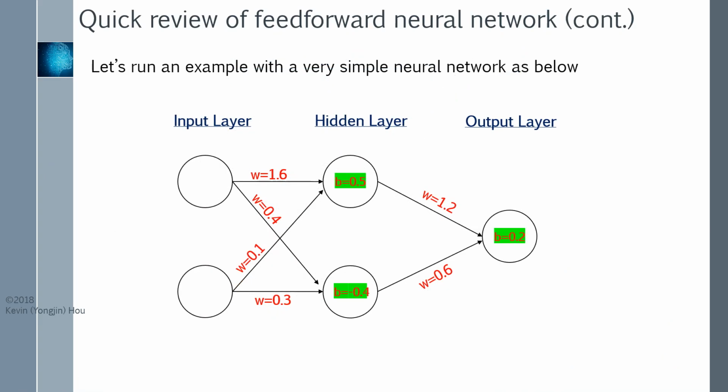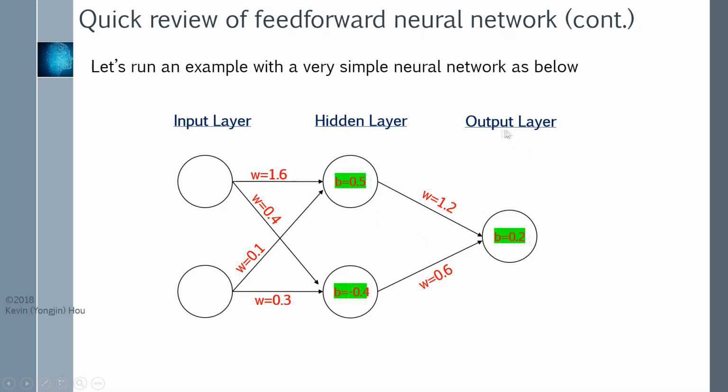Now let's use one single example to show how the feed-forward network works. We're using a very simple neural network as an example. As you can see, there are only three layers. The input layer has two nodes as input. The hidden layer again only has two nodes.